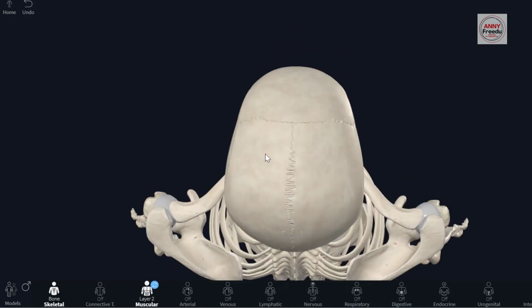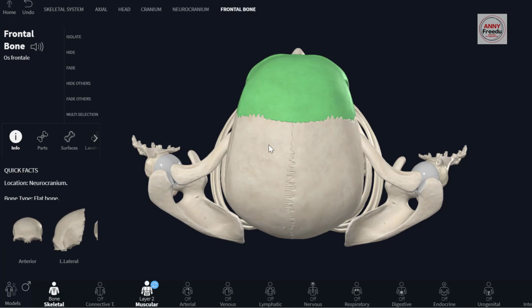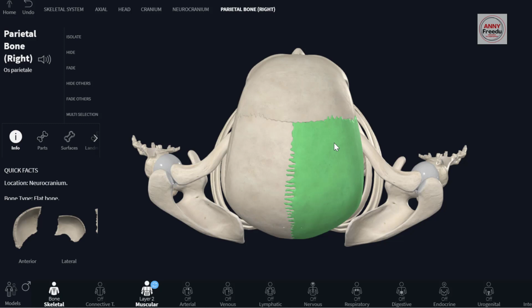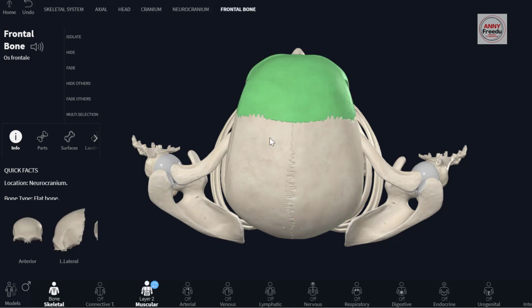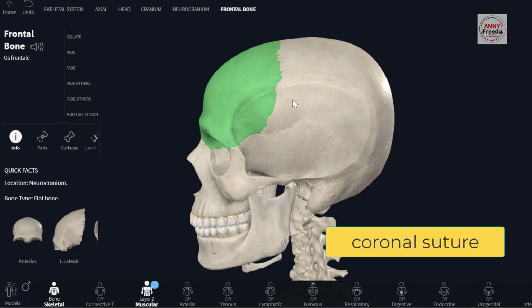From the superior view, we see that this is a bone we call the frontal bone, and here we have two bones we call left and right parietal bones. The frontal bone creates a joint with the parietal bones that we call the frontal suture, aka coronal suture, because of its placement of corona, which means crown, hence the word coronation.